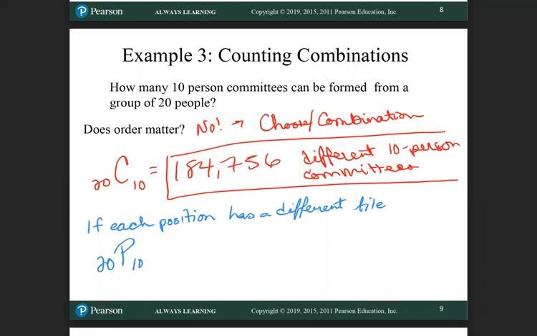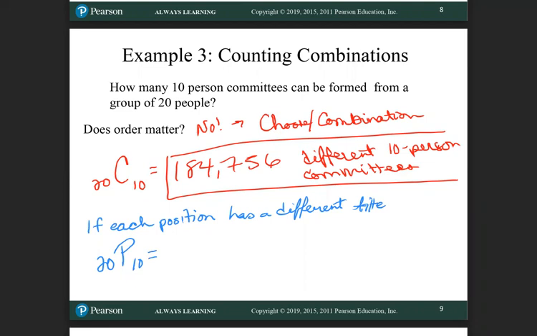Whether I'm the president or vice president, I have a different role in this committee.